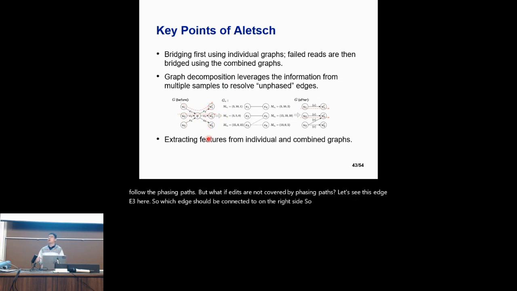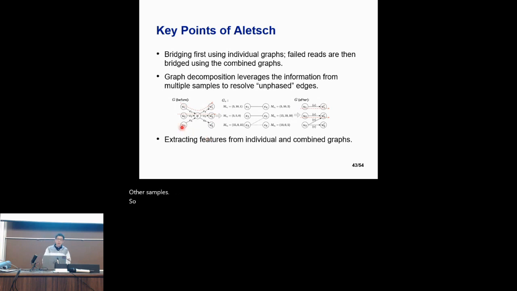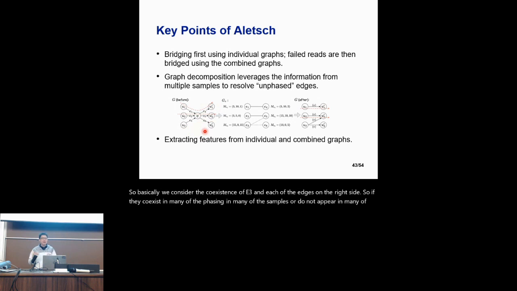In this case, and only in this case, we will consider all the samples. So basically, we consider the coexistence of E3 and each of the edges on the right side. If they coexist in many of the samples, or do not appear in many of the samples together, then we will connect E3 to it.